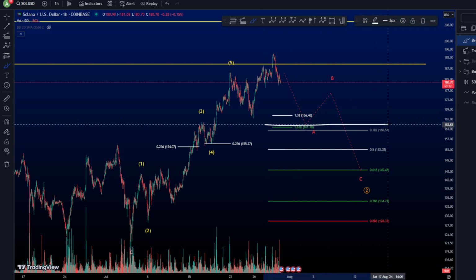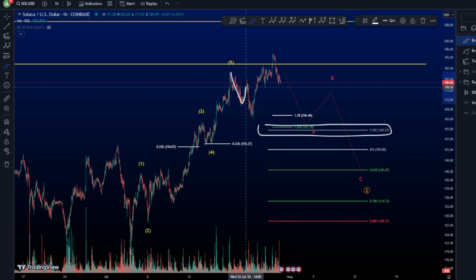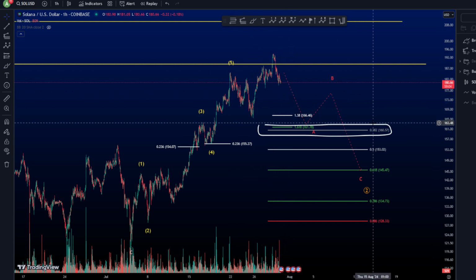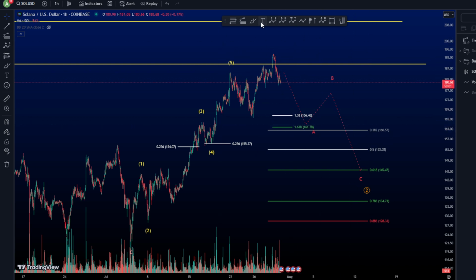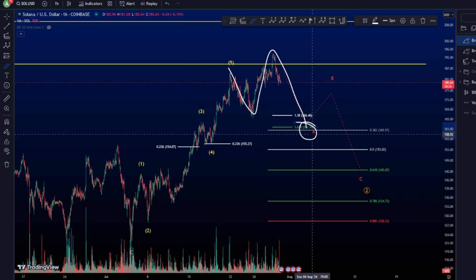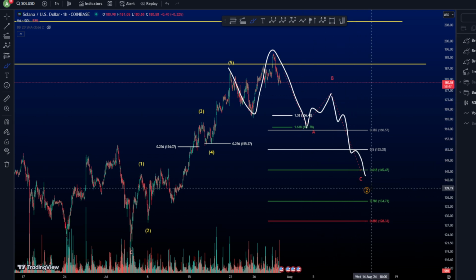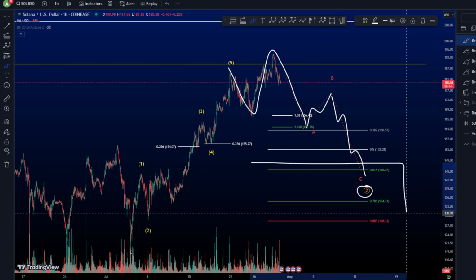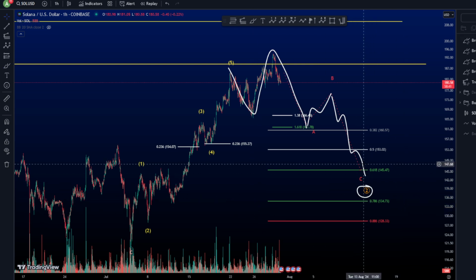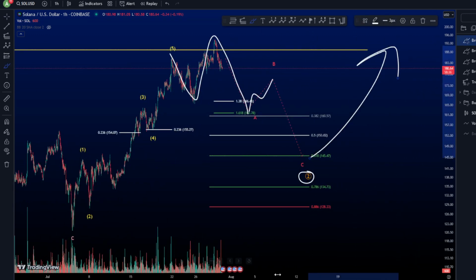In confluence exactly with the fib level of a wave C for an expanded flat. This way we'll finish also the wave A perfectly, right? Having a retracement for wave B and move down again for a wave C. Finishing the wave 2 exactly in the common box for a wave 2 and move up again for a massive and impulsive wave 3, right?